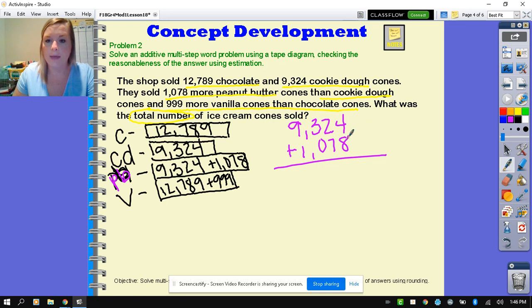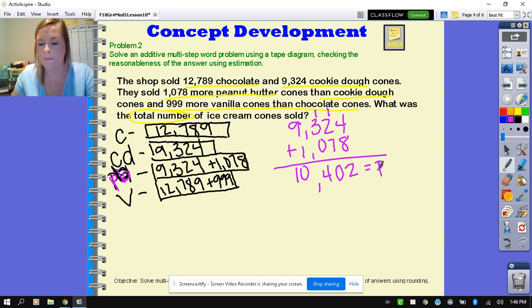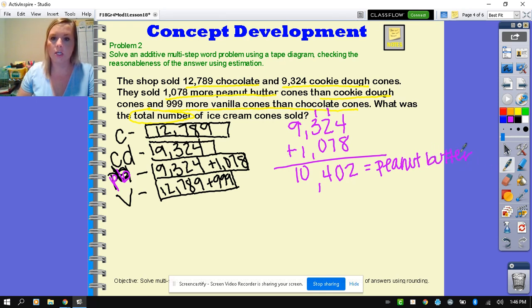So I'm going to add these up. 8 plus 4 is 12. 7, 8, 9 plus 1 is 10. Carry my 1. 3 plus 1 is 4. And 9 plus 1 is 10. So that means we got peanut butter at 10,402 cones.